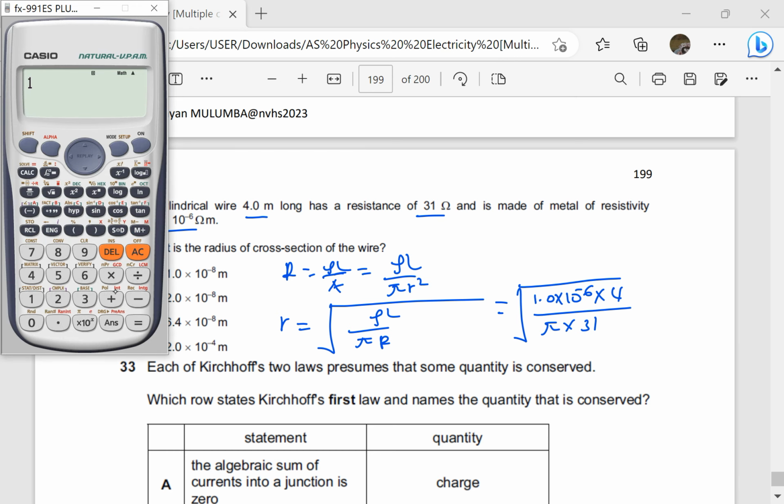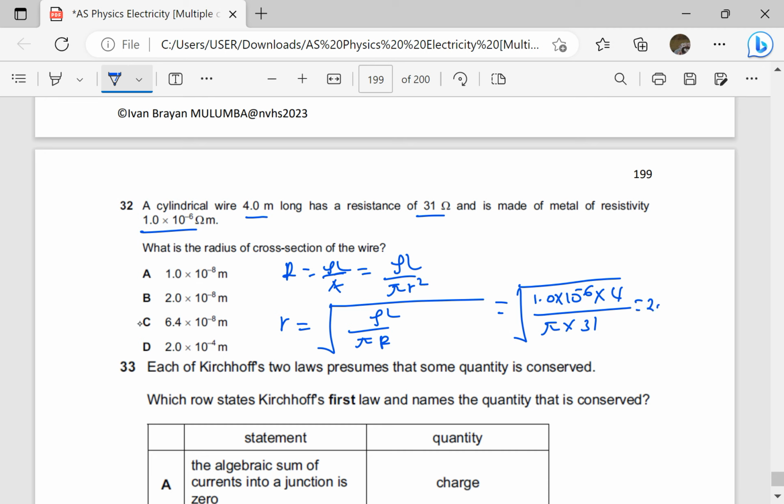So 1 exponent negative 6 times 4 divided by pi times 31. Then I find the square root. So I'm getting 2.0 times 10 power negative 4 in meters. So that is the radius, which means the answer is going to be D.